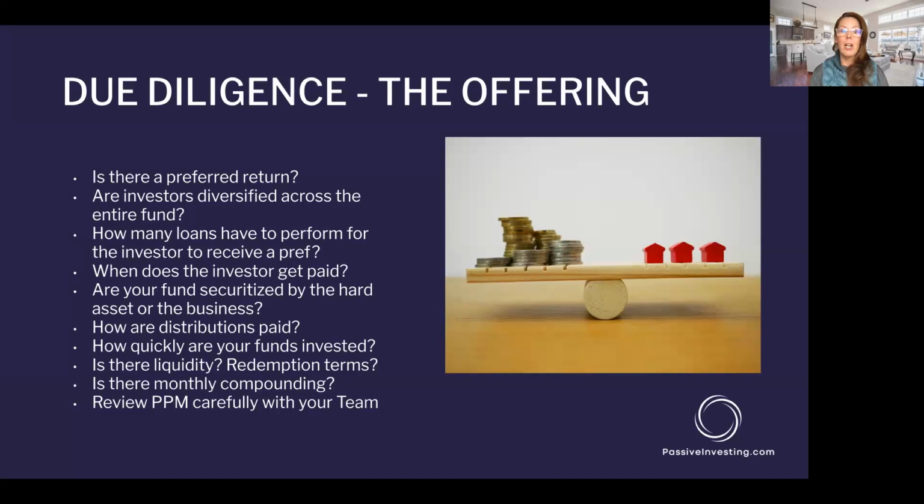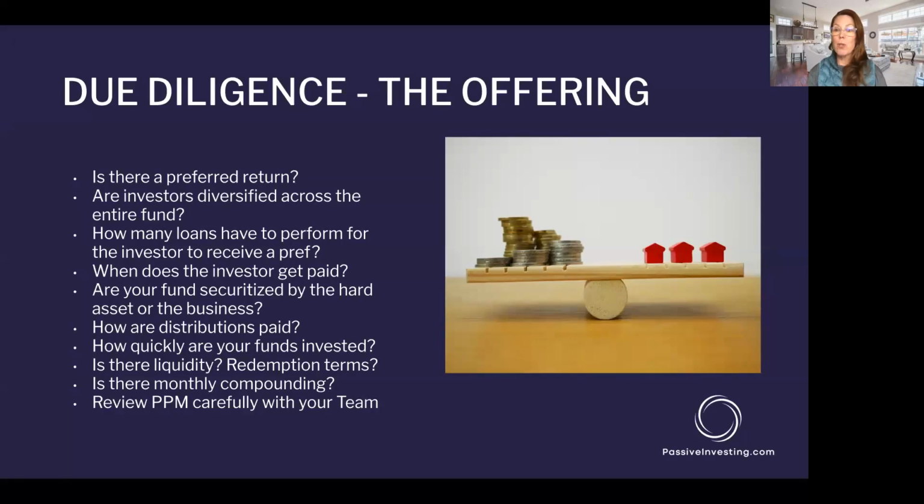Are your funds securitized by the hard assets held in the fund, or by the business? You want to make sure your funds are securitized by the assets held in the fund, not the lending business that's running the fund. Very important difference there.